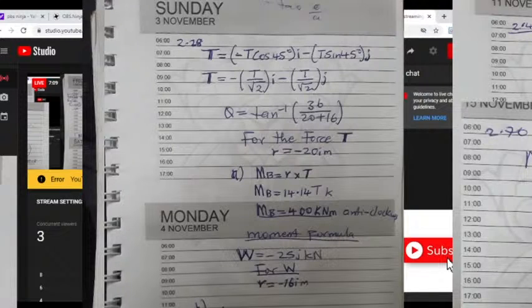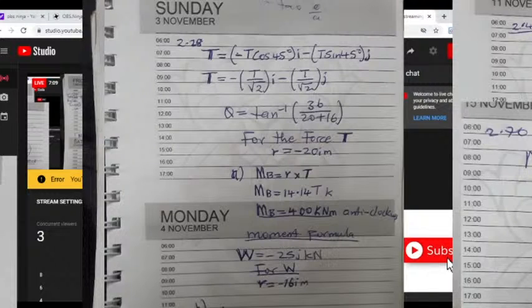We are first finding T, the magnitude of T, where we are going to find T cos 45. The 45 part, if you can check there underneath, I showed how I got 45 degrees.